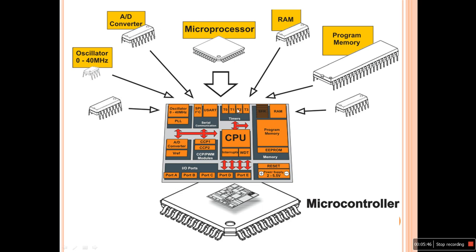It has timers, it has serial communication, it has a clock signal generator, oscillator, it has an A to D converter. It has different IO, digital IO ports, input output ports, it has a power supply section and so on. So everything is built in one chip. So this is called a microcontroller.